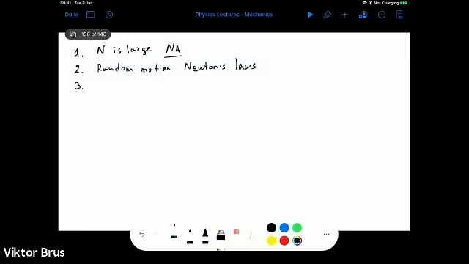Then the third point we need to keep in mind: molecules of this ideal gas interact with each other only through collisions. So there is no other mechanism of interaction.